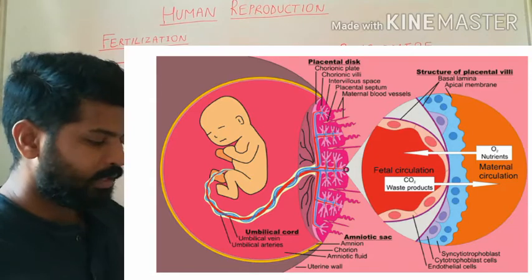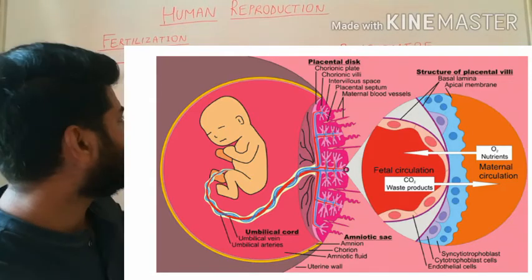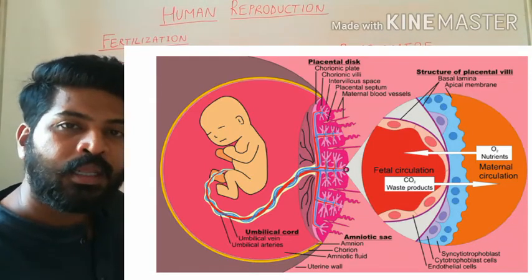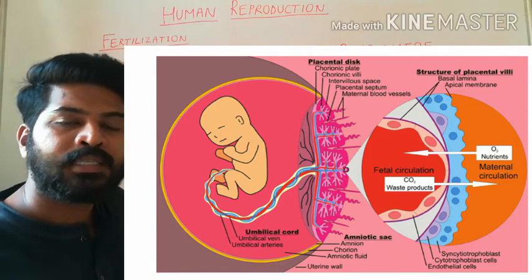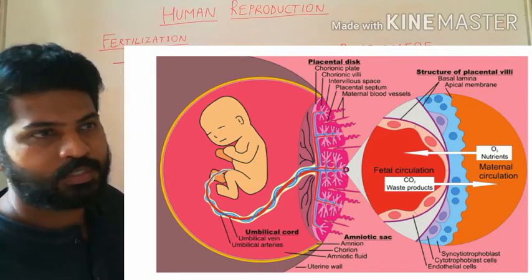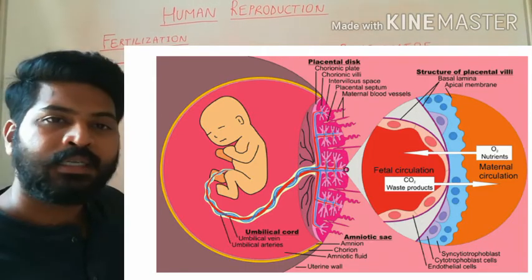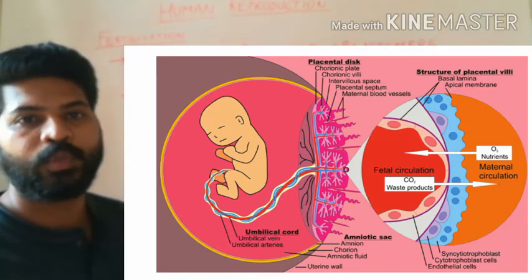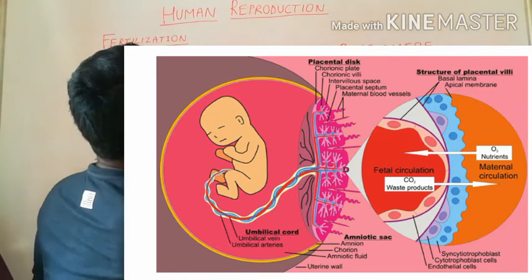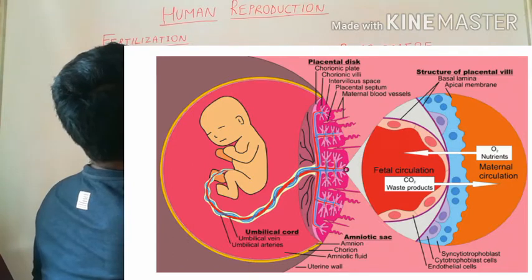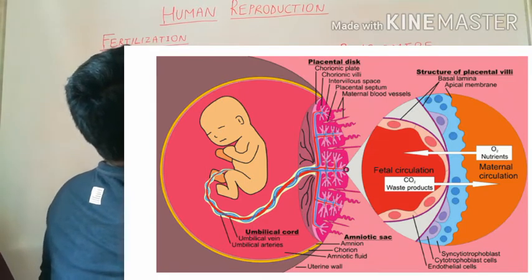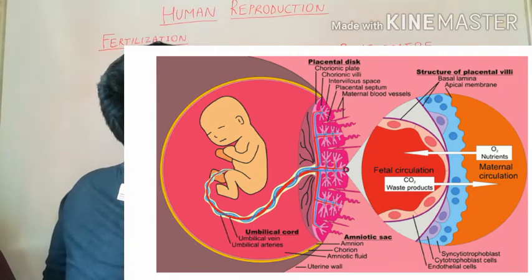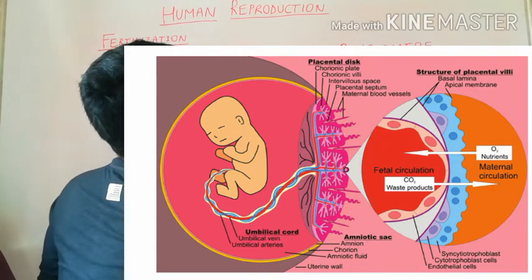The placenta is a structure that is produced by the fetal, that is the embryo, as well as the maternal tissues. The placenta is connected to the embryo with the help of an umbilical cord, as you can see in the diagram. This placenta is very important in the development of the embryo.